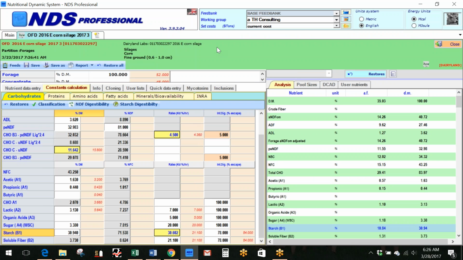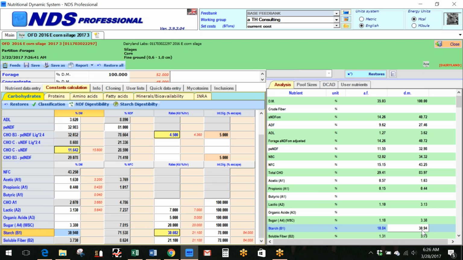So if we go back to our sample and I look at a sample in NDS, when we ran across this situation several years ago, we went and looked at the data that we could accumulate from a dry matter of 35 dry matter of this sample with an NDF of 40 and with the starch of about 31.